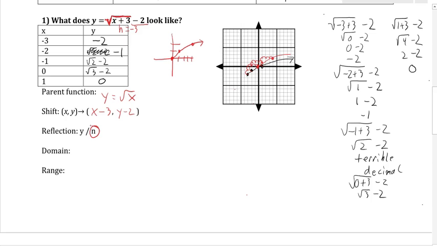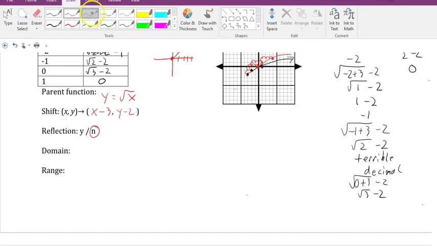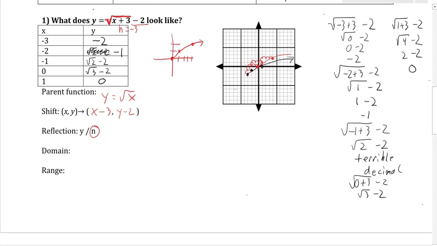And now we get the really cool questions of domain and range. Domain being all the x's that we can put in. Well, where do our x's start? So our x's start here, right? That's -3. There are no x's smaller than that producing points on the graph. But we got points all through here.